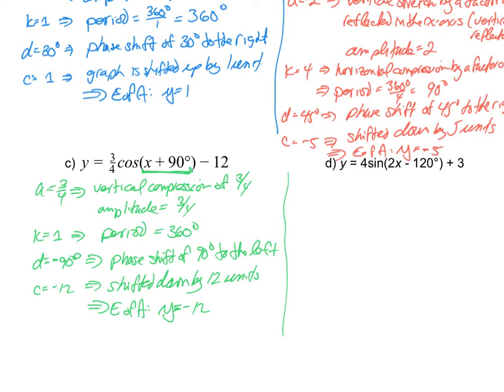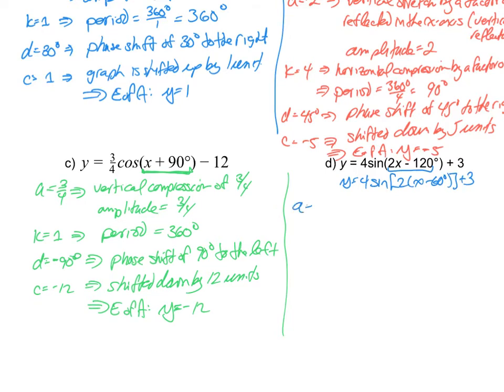And the last one, let's recycle back to blue. And like the second example, there's a pattern there, we need to factor out the k. So here we got y is equal to 4 times the sine of 2 times (x plus 120 divided by 2, which is 60 degrees) plus 3.